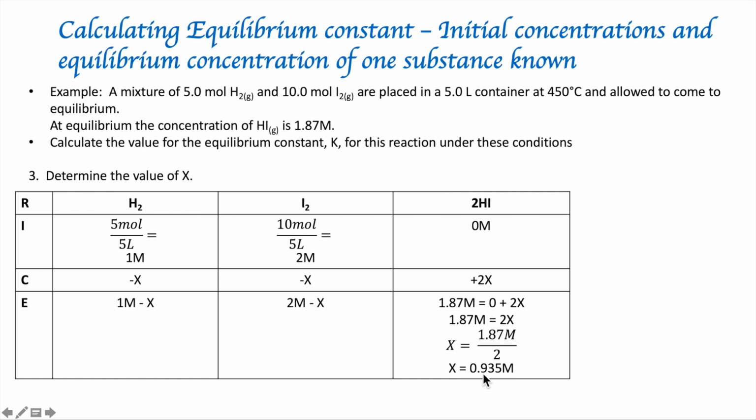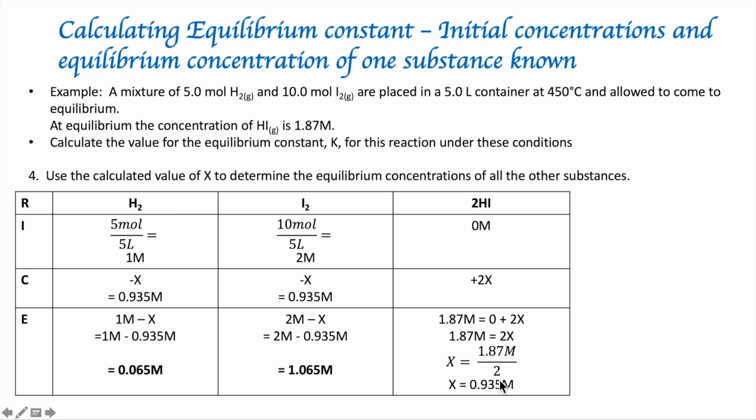So in other words, the amount of change that's going to be taking place here is equal to this value. Now, since we know the value of x, we plug it into these 2 expressions over here. If I take this value and plug it in for x, I have 2 molar minus 0.935 molar, so I'll have 1.065 molar of iodine.